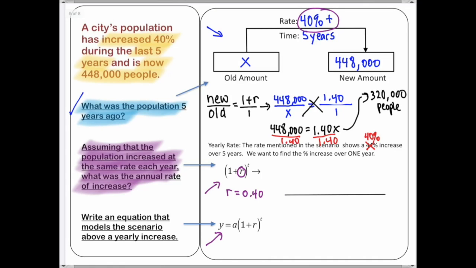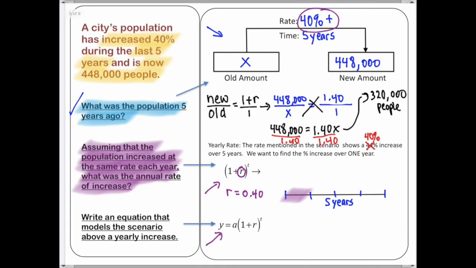That 40% is over 5 years. Since it's over 5 years, and we want to know the yearly rate, I'm going to try to break this up into 5 the best I can. We can't just divide that by 5, because it's just not going to work out that way exponentially.